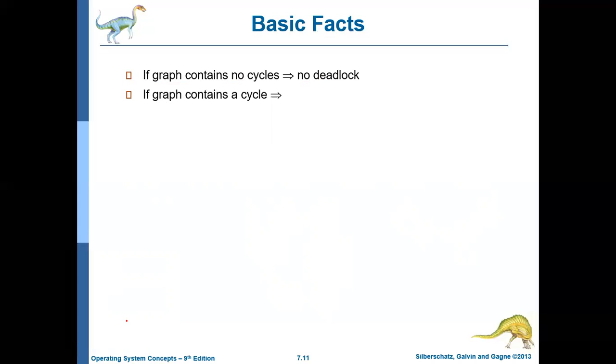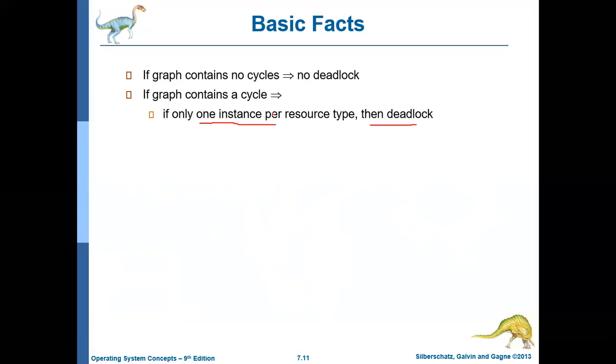So how to know if there is a deadlock or not? If there is a cycle and whatever resources are involved in the cycle have only one instance, then you can confirm that there is a deadlock.